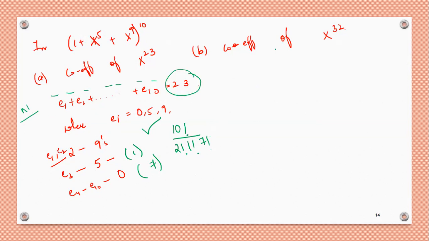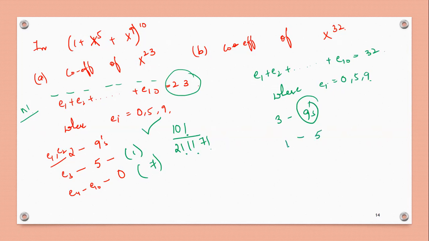Now similarly, coefficient of x power 32, how can we obtain 32? Suppose I take the same thing, instead of 23 we write E1 plus E2 plus and so on up to E10 is equal to 32, where the same values of Ei are taken, where Ei is equal to 0, 5, 9. Now here, suppose 9s are taken 3 times and 5 is taken 1 time, and all the rest are zeros.